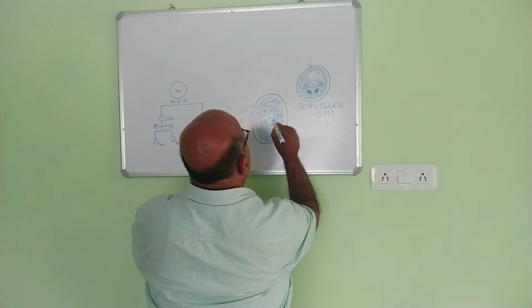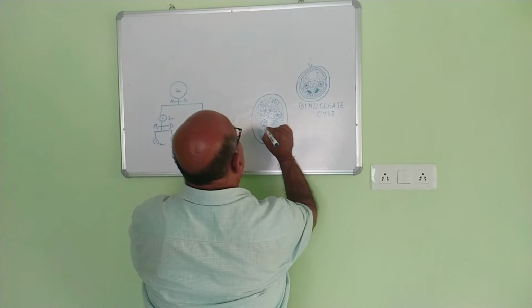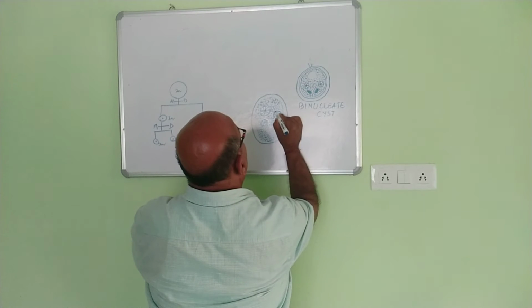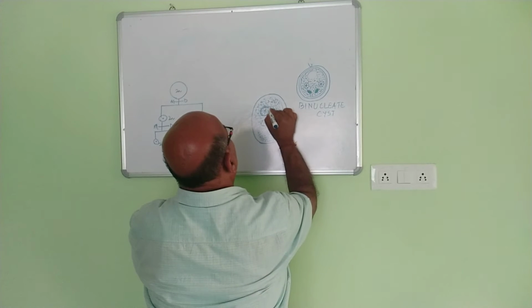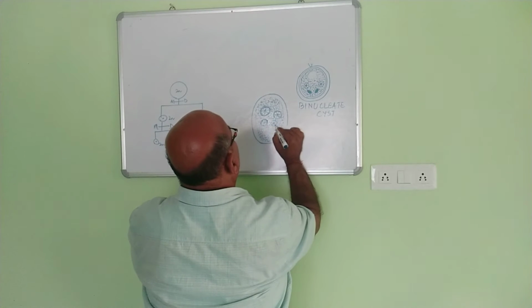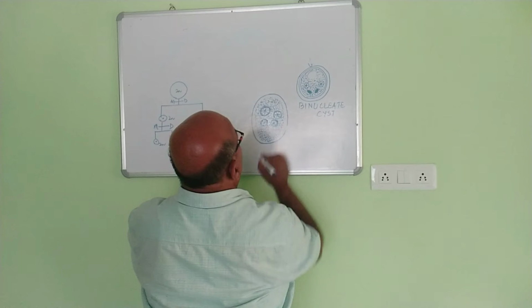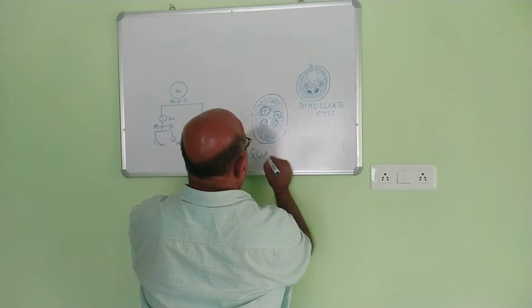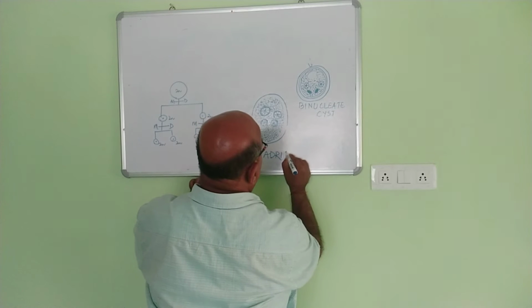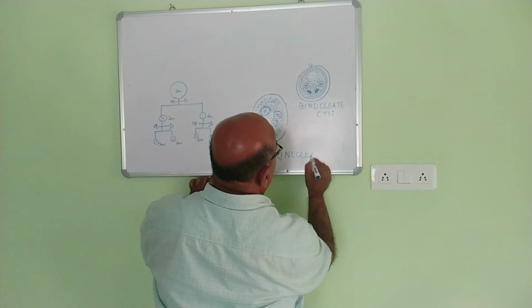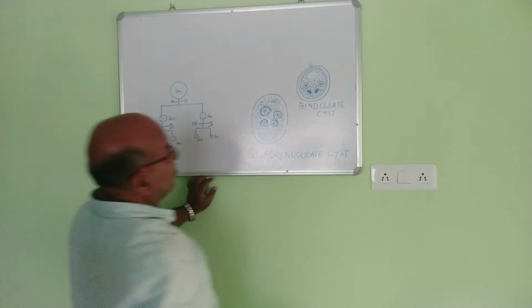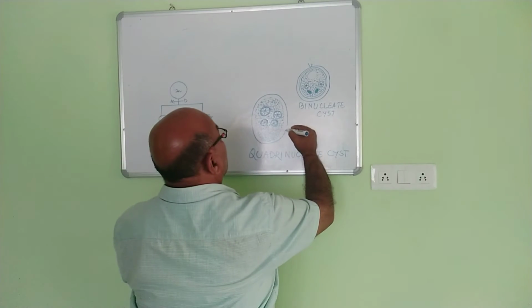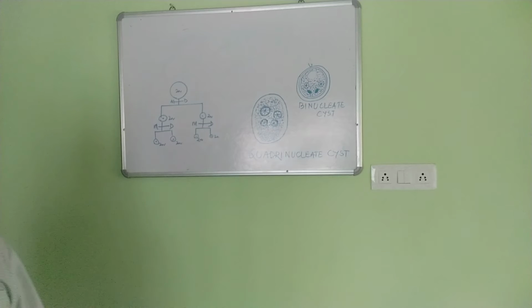Quadrinucleate cyst is also called a tetranucleate cyst.